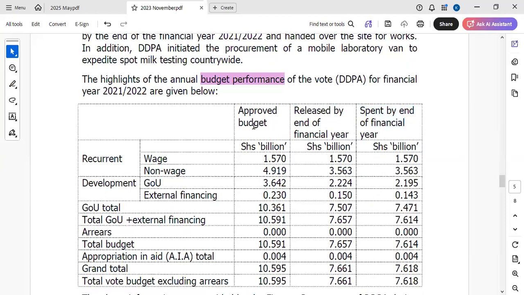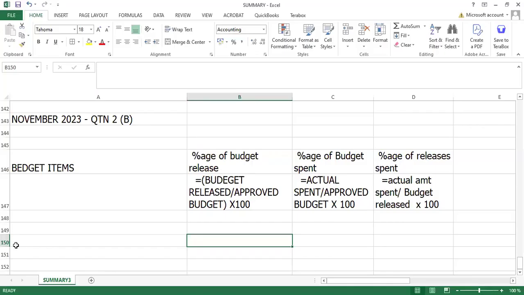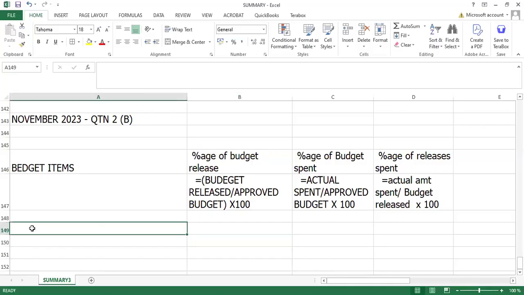So you simply substitute. If, let's say, you're dealing with recurrent wage and non-wage, come here where you have. Let me do only one thing, and we call it again. You have what?